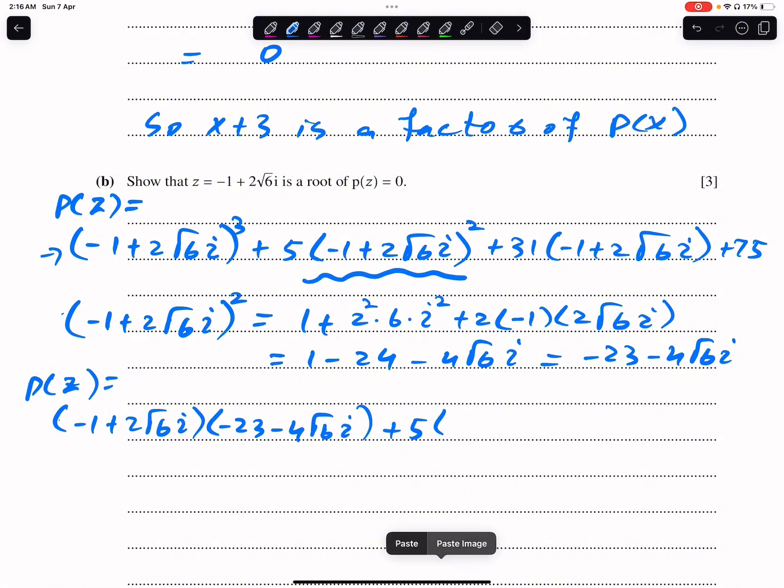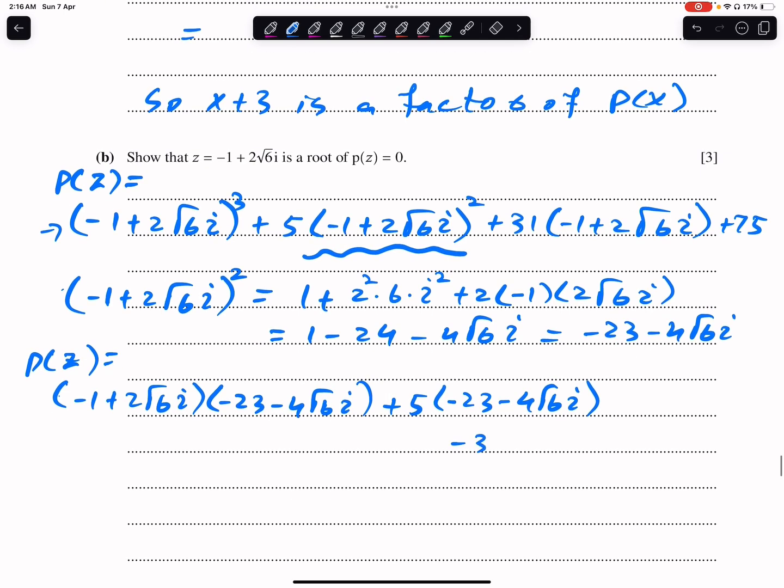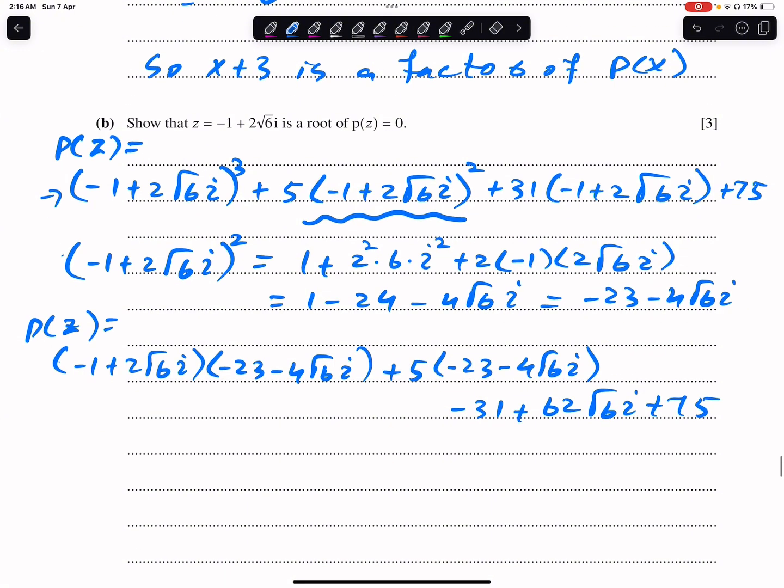The value of square is minus 23 minus 4 root 6i and then plus 31. So multiply minus 31 plus 62 root 6i plus 75.